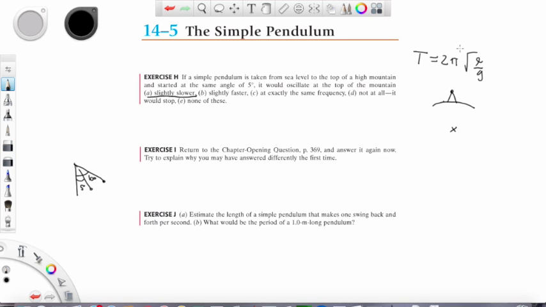If you look at the expression for the period, we see that there is no dependence on the amplitude. So the amplitude has nothing to do with the period. These 2 pendulums would swing back and forth in exactly the same time. You might have answered differently to start with, because it's intuitive to assume that the trajectory it has to travel is much more.